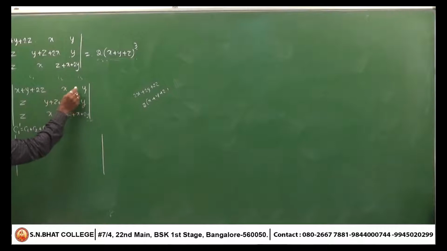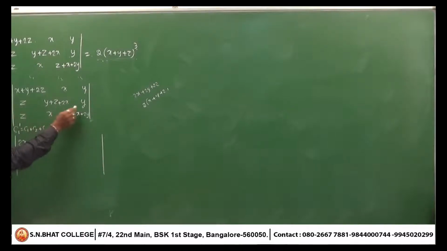This is C1, C2, C3. Write it in the first column. X plus x plus x is 2x plus y plus y is 2y plus 2z. Next, 2x.